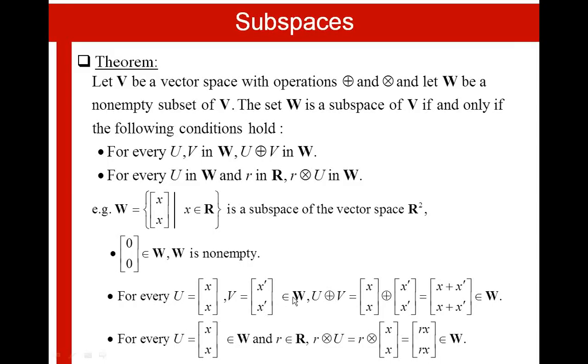The second condition: if we take two vectors u and v as such, and they both belong to W, if we add them up, we get (x plus x prime, x plus x prime), and it is clear that this will generate two real numbers that have the same form as the original vector.